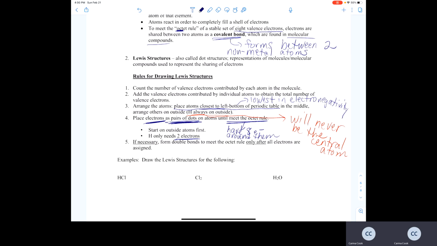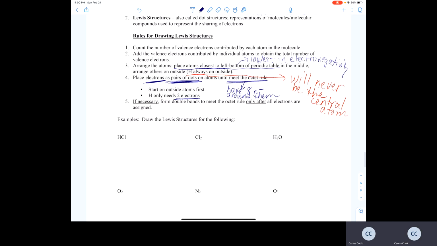All other elements will mostly adhere to the octet rule, meaning that they will want to share electrons with another element or elements until they have a total of 8 electrons around them. And so, if it's necessary, form double bonds to meet the octet rule only after all electrons are assigned.